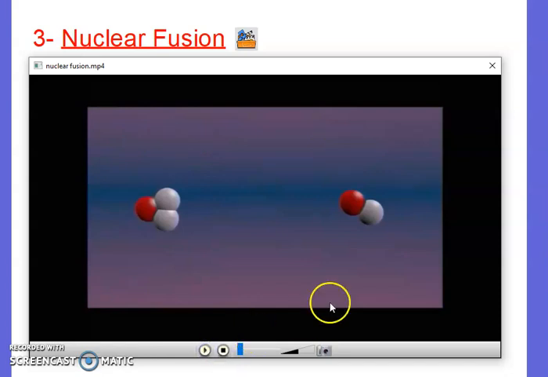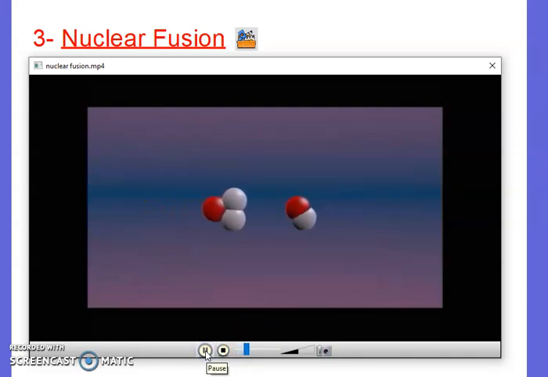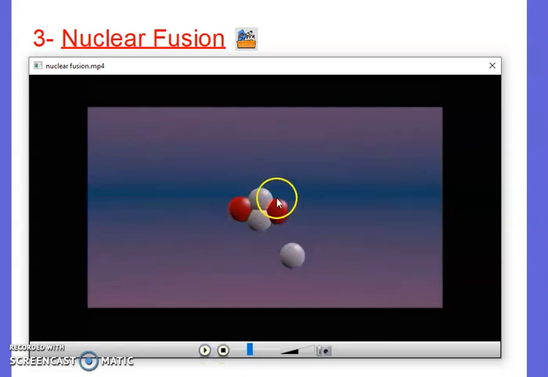Look here, in this reaction we have two hydrogen isotopes, meaning we have two light nuclei. They collide with each other to produce a heavier nucleus. Clear?